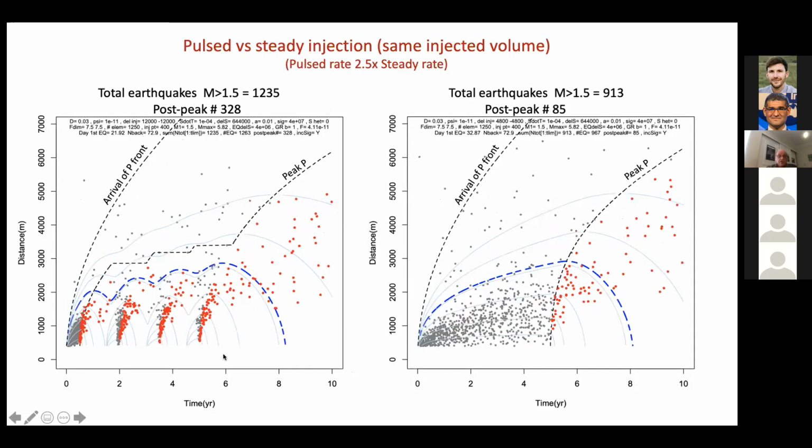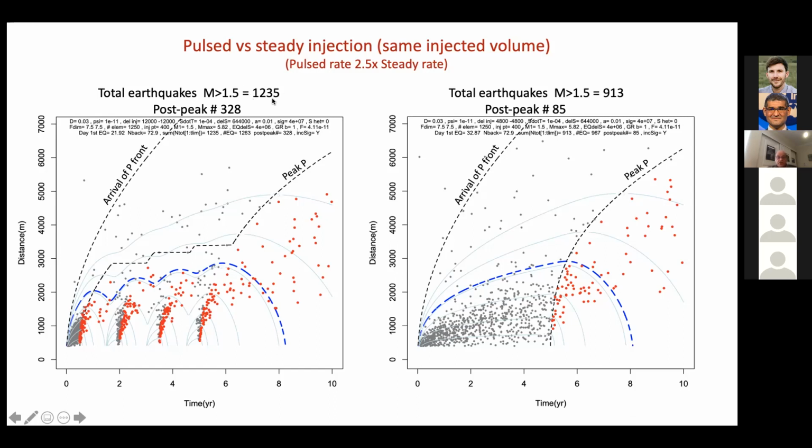And this was just an exploratory model comparing 2 situations where we have the same volume of fluid injection over 5 years, but in one case it's pulsed, in 5 different pulses of fluid injection. In this case, it's steady fluid injection. And in the pulsed injection case, we get more earthquakes.